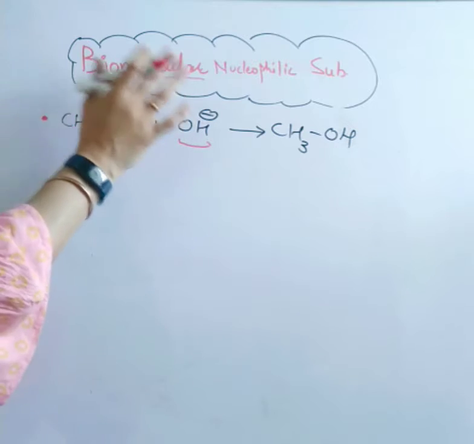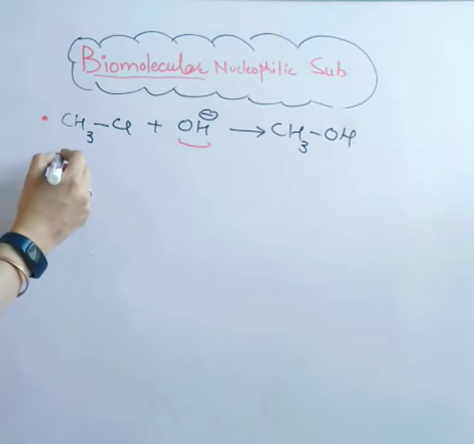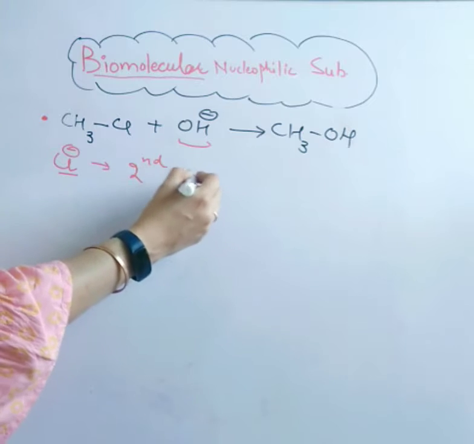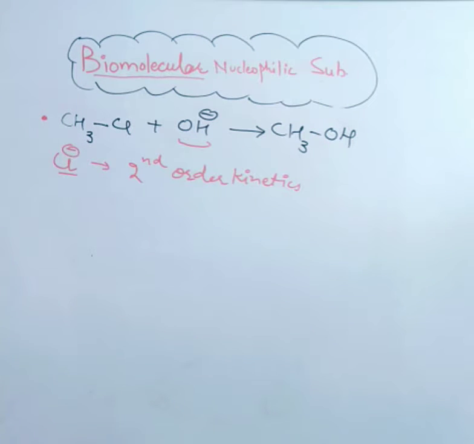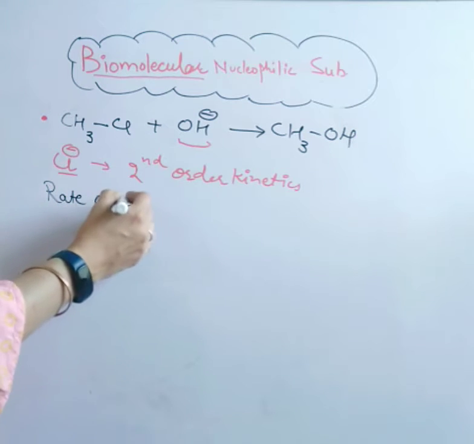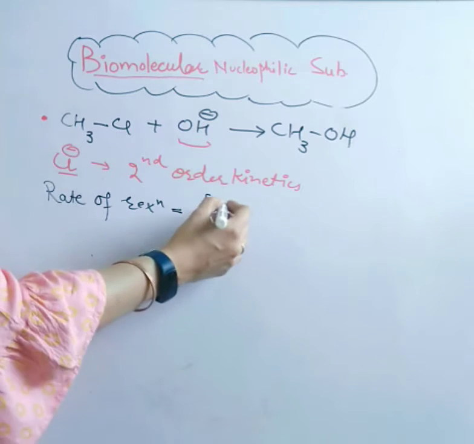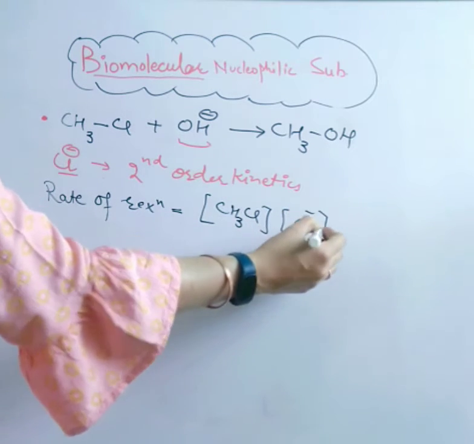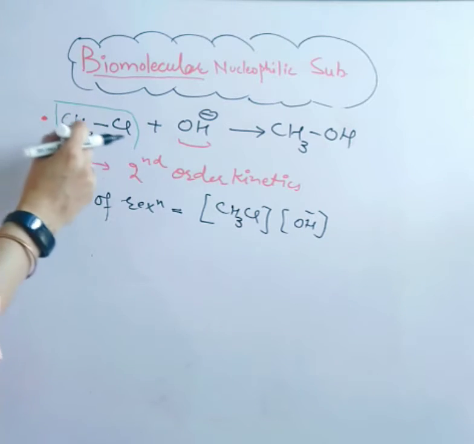Today we'll talk about the bimolecular. Why are we saying it is a bimolecular nucleophilic substitution reaction? See what happens, this reaction is showing second order kinetics. What is second order kinetics? That means the rate of reaction usually depends upon the concentration of one reactant, but here it depends upon the concentration of both the reactants.